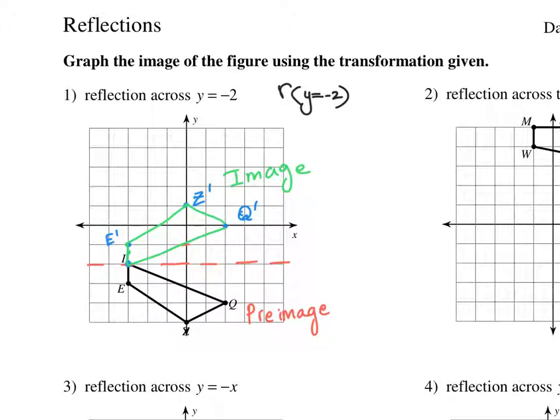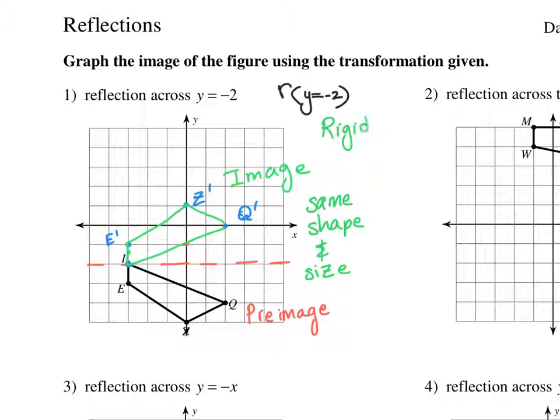The answer is yes. Did it change size? No. So it has the same shape and size. The only thing that changed is the position. So this is a rigid transformation.